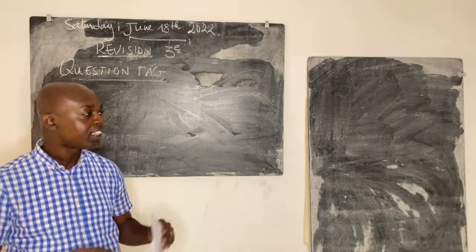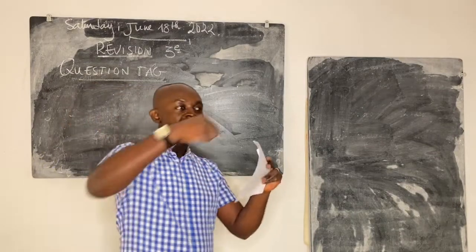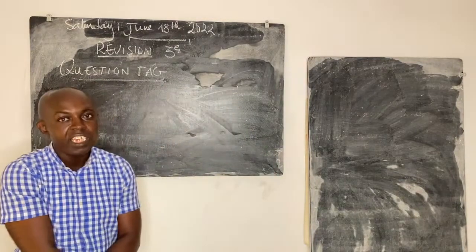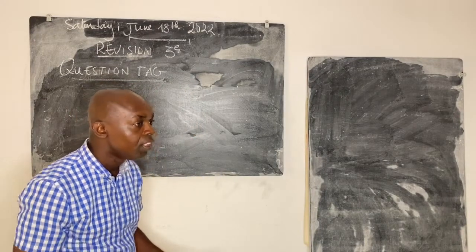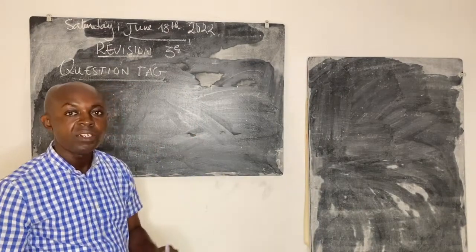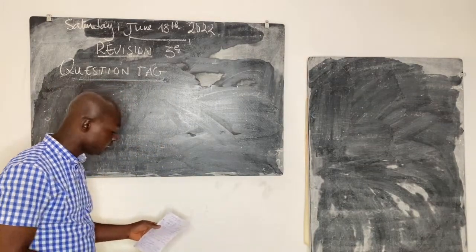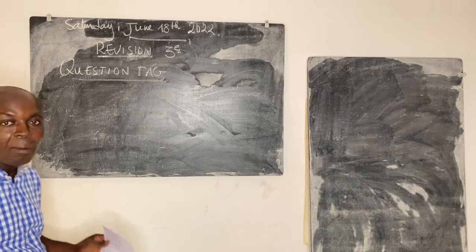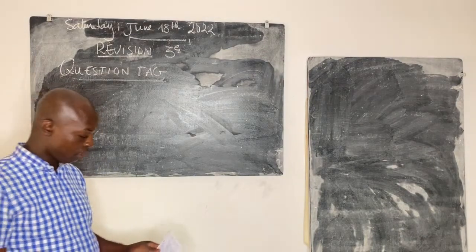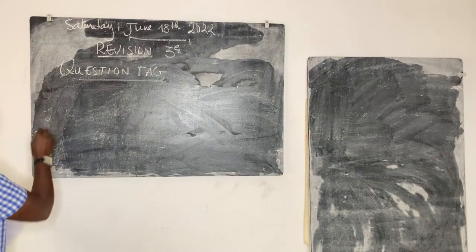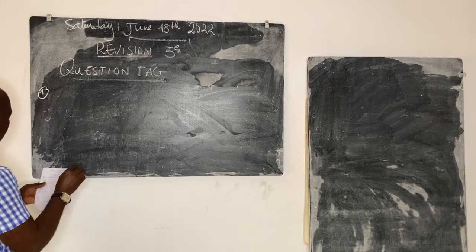The second rule says that when the sentence is in negative form, the tag becomes interrogative form. We're going to see it step by step throughout the examples.